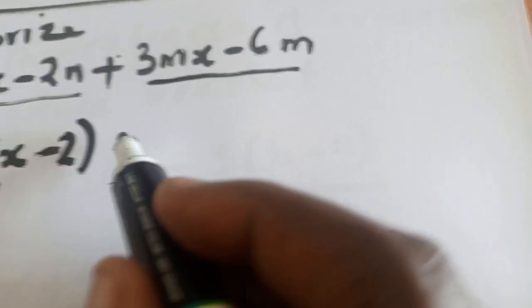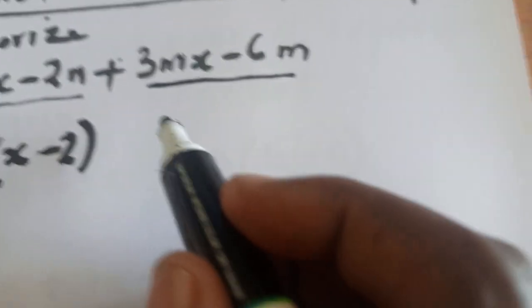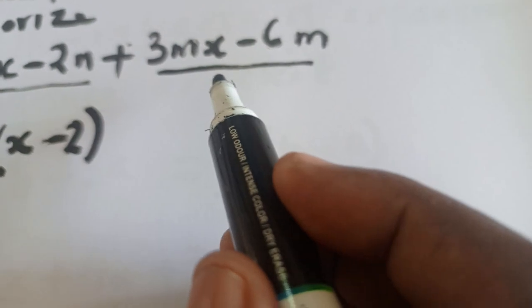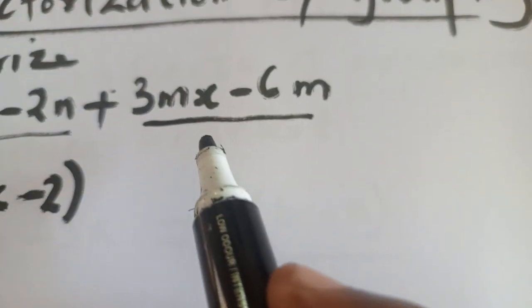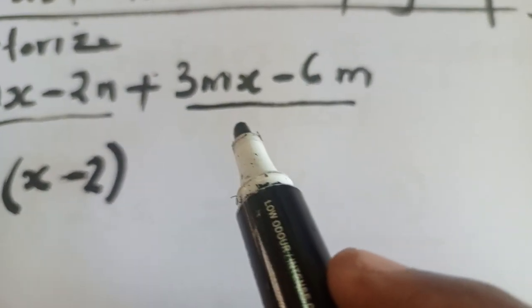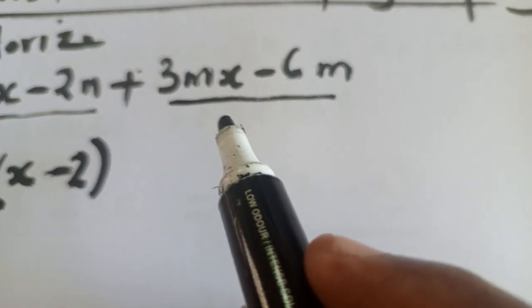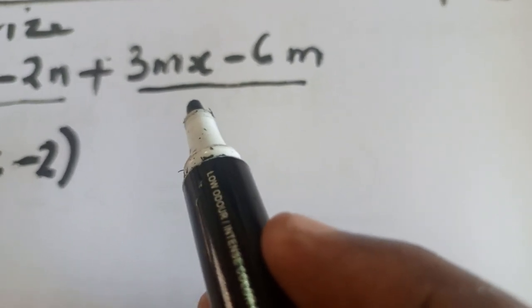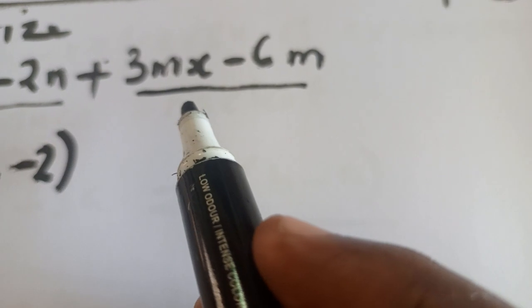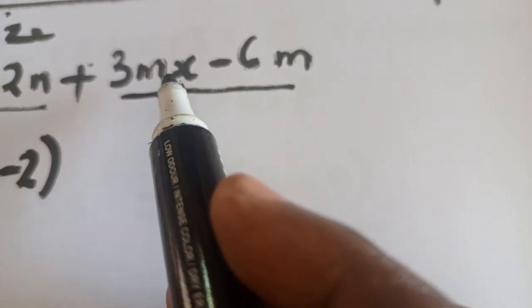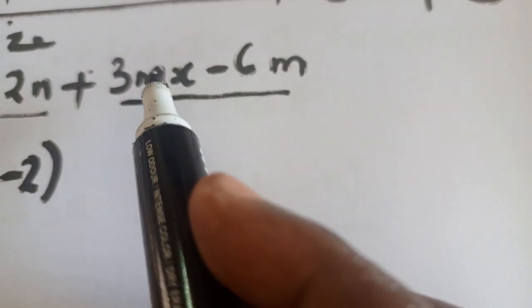Then I come to the next group and ask what the common factors are. Remember, even though we've so far dealt with only cases where we have one common factor, it is possible to have more than one common factor.